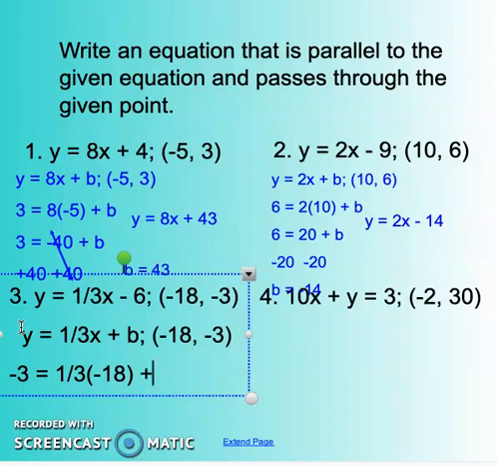Technically, remember, -18 is -18 over 1. So we are really taking 1/3 times -18 over 1, which would just be -18 over 3, and that is the same as -6. So we're going to change this to -6.